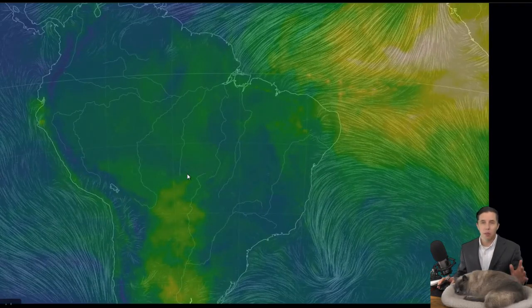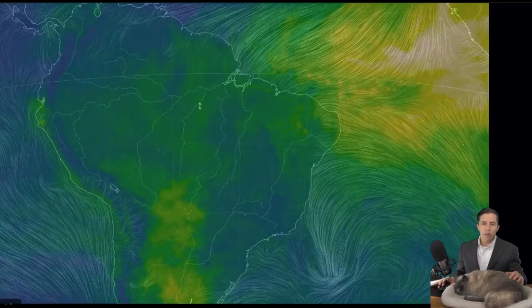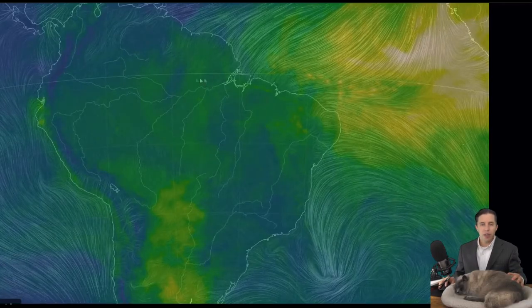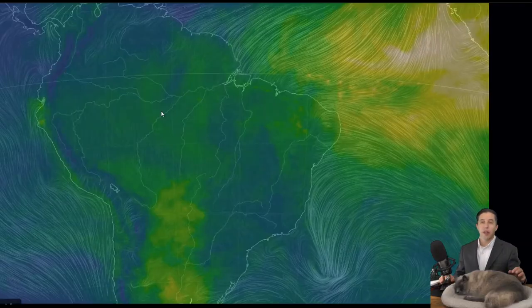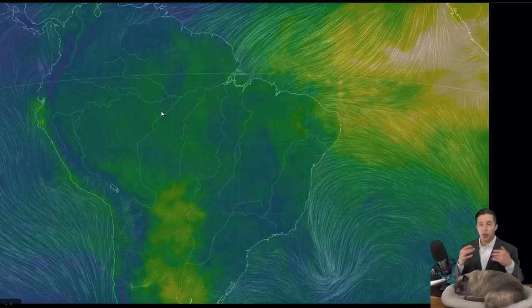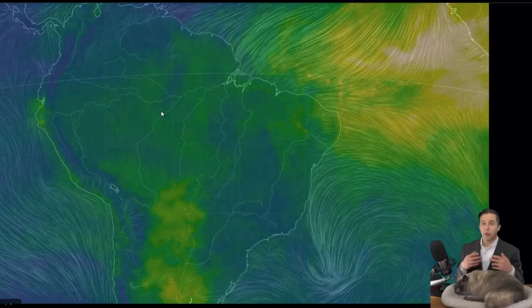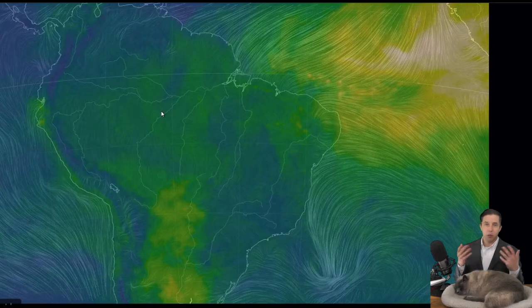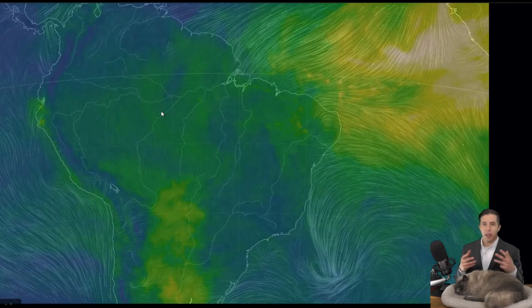Now this is important because South America, right here, is the Amazon rainforest. And one of the problems with rainforests is that because they rain so much, there's almost no soil. The soil dissolves away from all the rain, and it's really hard to maintain soil, which you need to maintain a rainforest, in a place where it rains a lot.